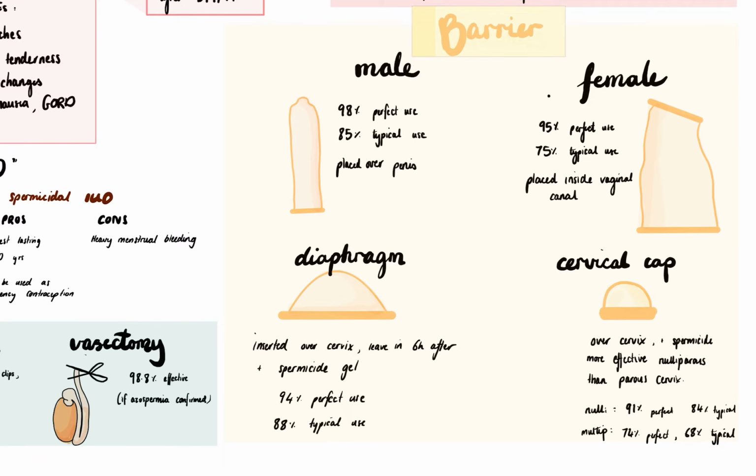So starting off with condoms, we have the male condom, which goes over the penis, and it has a 98% efficacy in perfect use and 85% efficacy in typical use. It's supposed to be placed onto the penis with the little nipple pinched and then rolled down over the erect penis.